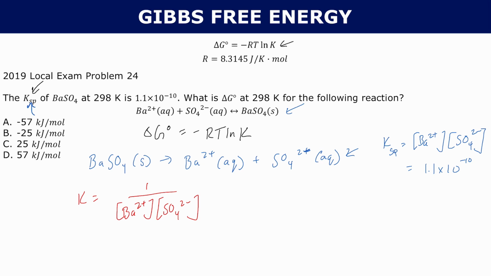If you look, the K value that we have here is just the reciprocal of your Ksp value. It's just 1 over your Ksp. And so that is 1 over 1.1 times 10 to the negative 10th, which is 9.09 times 10 to the 9th. That is your K value of this reaction here. And we found that by flipping the Ksp that we're given.